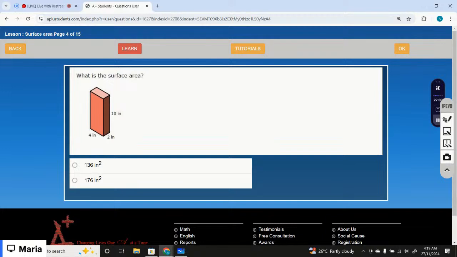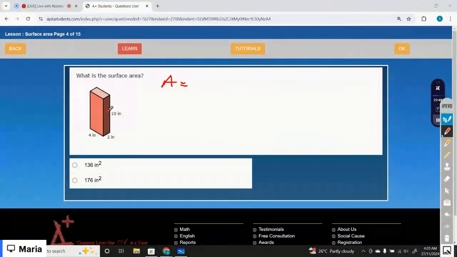What is the surface area? So start with this face, right? That is 2 times 10 is 20. So the other face on the other side has the same area, 20.